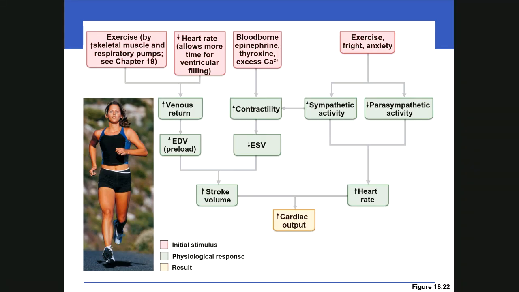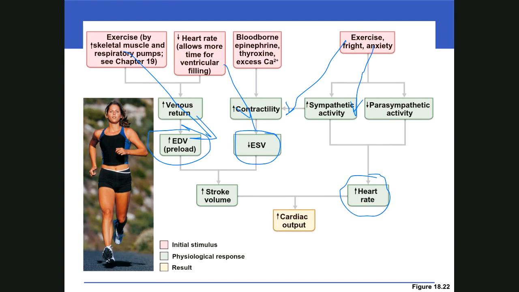And then the last thing is there are lots of things that affect cardiac output. Lots of things. Could be excitement, fright, anxiety, exercise, all kinds of things. But no matter what it is, it has to come down to heart rate, ESV, and EDV in order to affect cardiac output, because the equation for cardiac output is heart rate times EDV minus ESV, and there's nothing else in that equation.